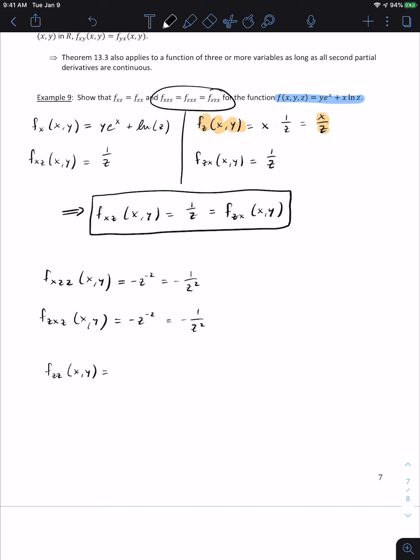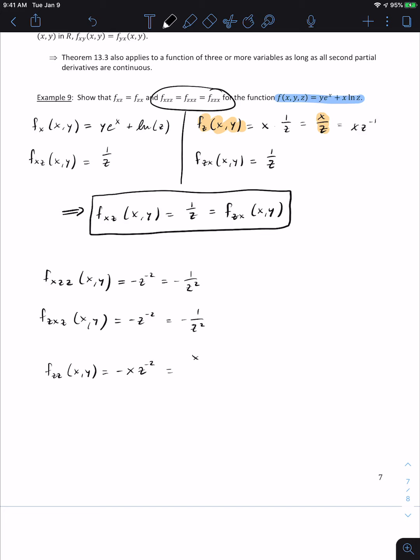So the derivative of the orange function with respect to z, I leave the x alone because it's like a constant, and then I have z in the denominator. I would get negative x, because that's like the constant when I bring the z to the negative 1. This is like x times z to the negative 1, and then z to the negative 2.